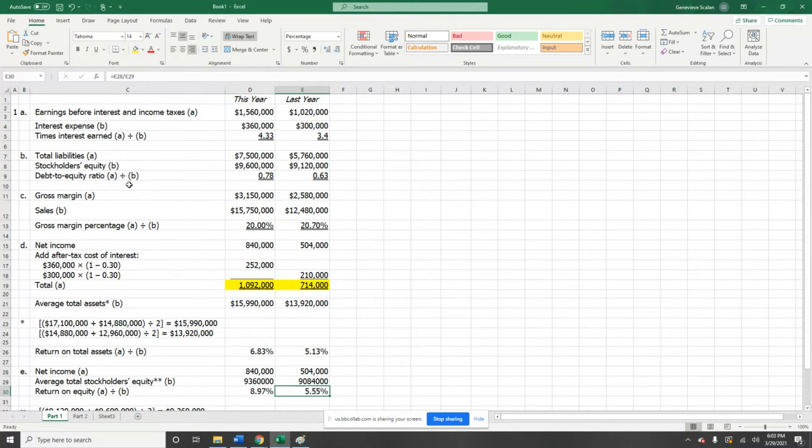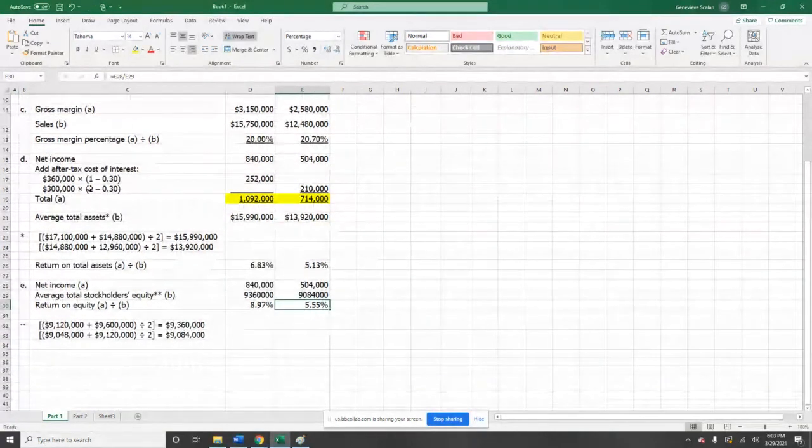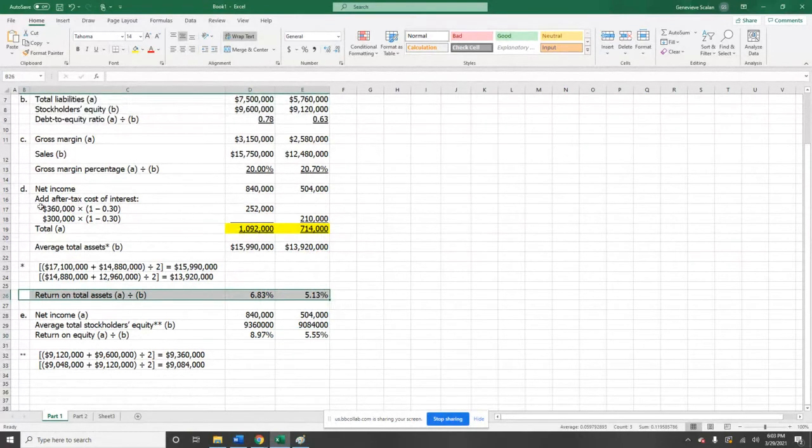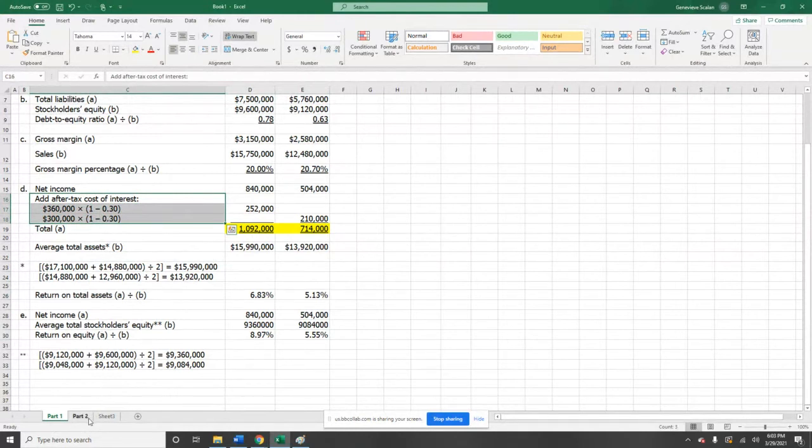I mean, think of how many things are estimates. It's definitely close enough. So whenever you do an average, beginning plus ending divided by 2, and don't forget, when you're doing your return on total assets, you have to add your after-tax cost of interest back into net income. I'd say those are the trickiest parts here.